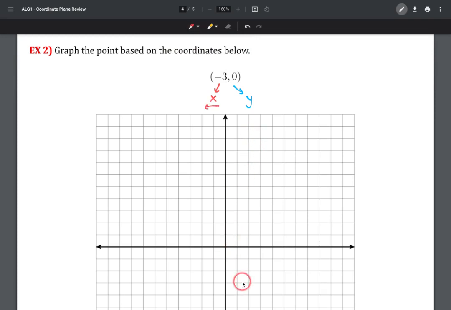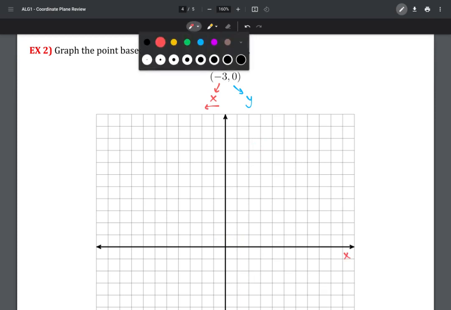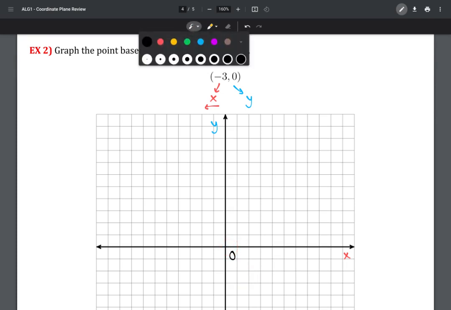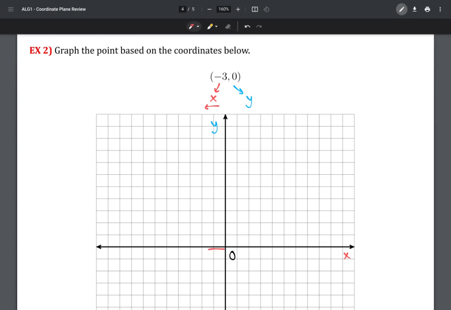So as always, let me label my x-axis and my y-axis. And again, we always start right where the axes intersect. I'm going to go to the left 3 units. So I'm going to go 1, 2, 3. And again, because I do not move up or down, I'm technically done. And this point on the x-axis is -3, 0.